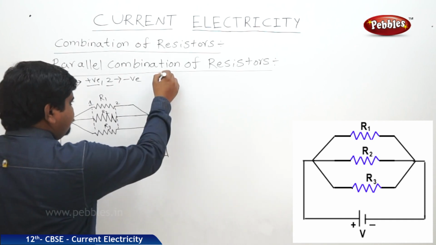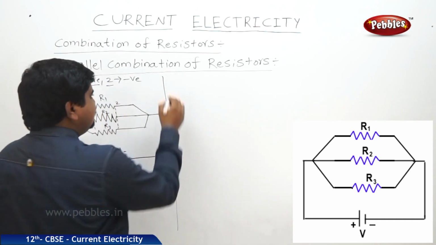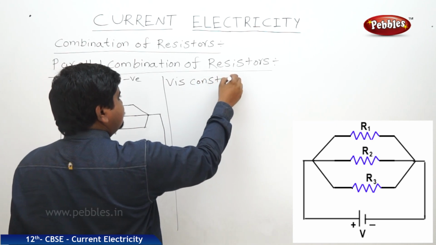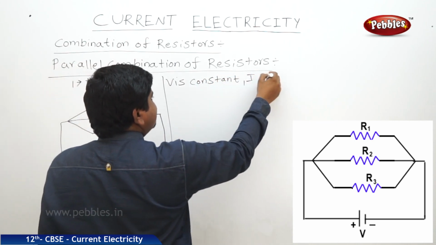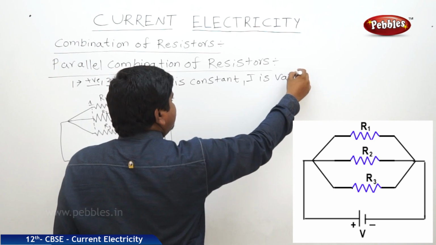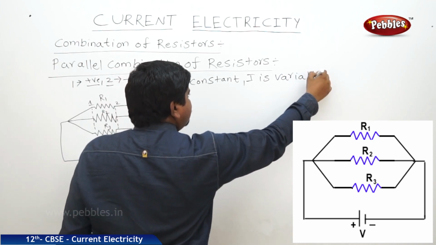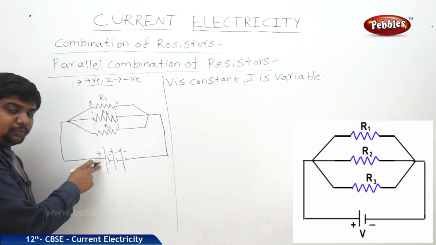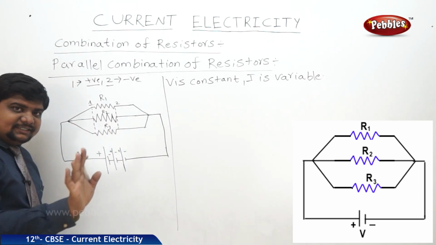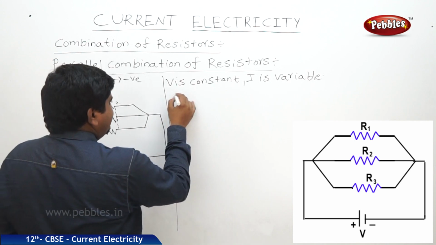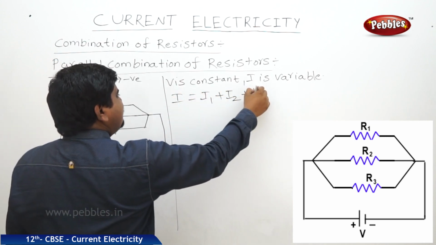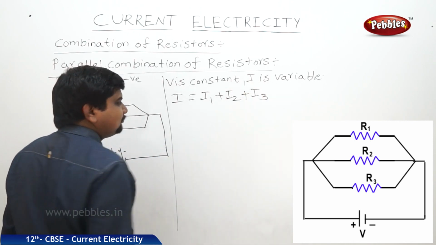Means in parallel combination, V is constant but I is variable. Why V is constant? It is grouped to the common potentials. So we can write I is equal to I1 plus I2 plus I3.